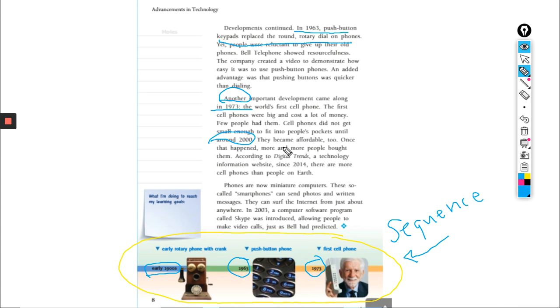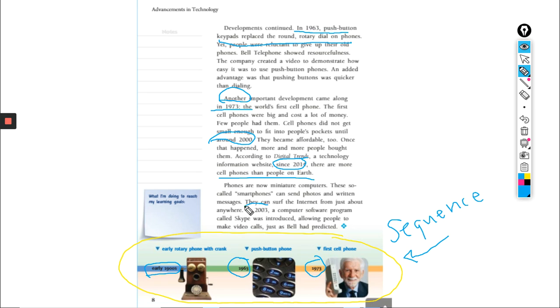According to Digital Trends, a technology information website, since 2014, there are more cell phones than people on Earth. Wow. Phones are now miniature computers. The so-called smartphones can send photos and written messages. They can surf the internet from just about anywhere.